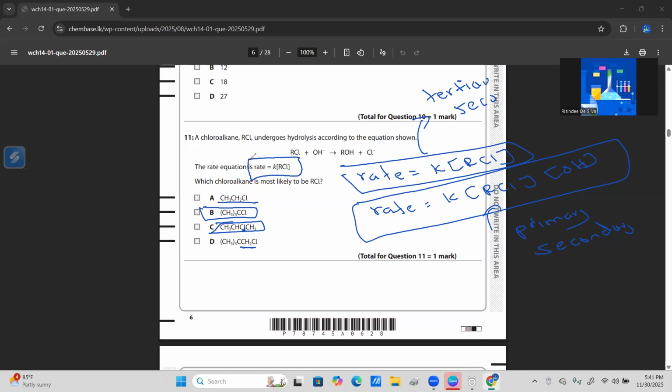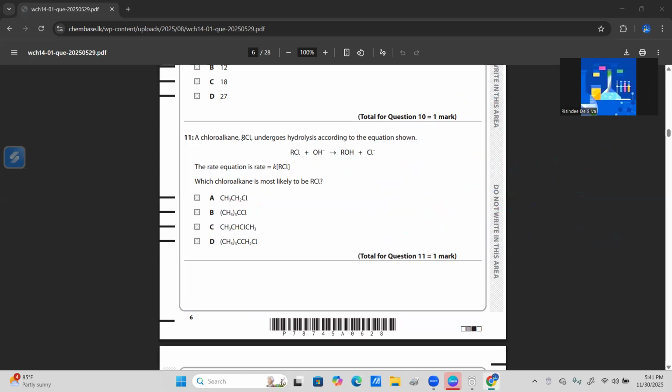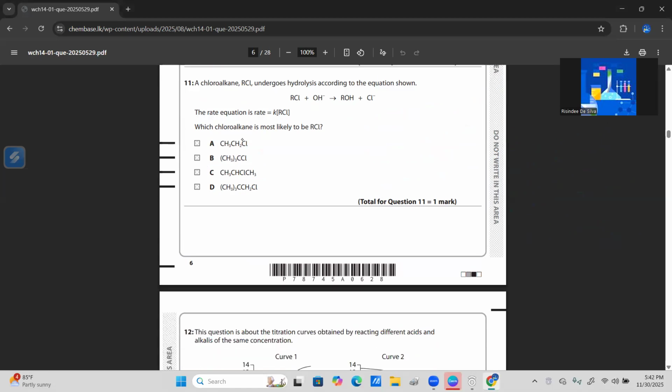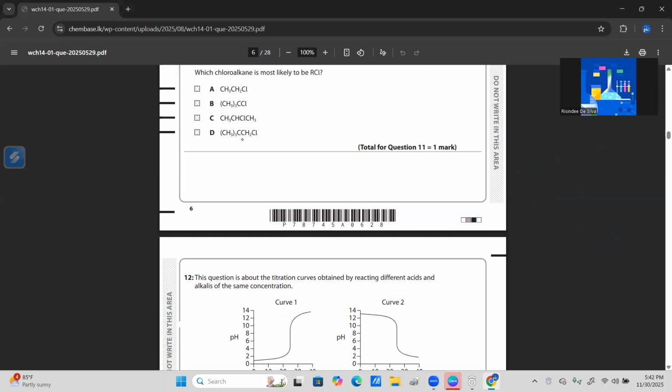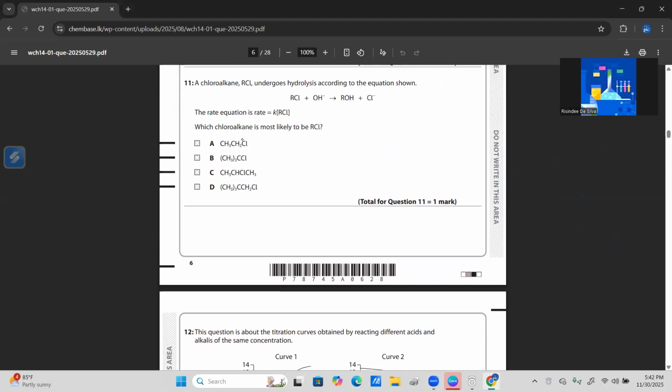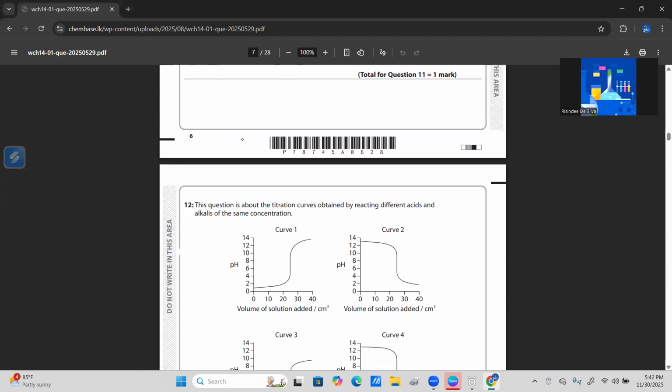But when they give only the one term, it is only for a tertiary halogenoalkane. So why we can't take the secondary halogenoalkane, as it can undergo both rate equations, k[RCl] and k[RCl][OH]. But when you have a tertiary halogenoalkane only, you can have this rate equation.